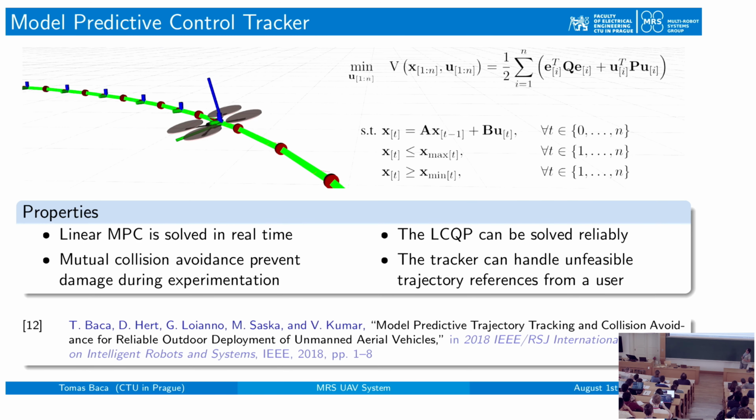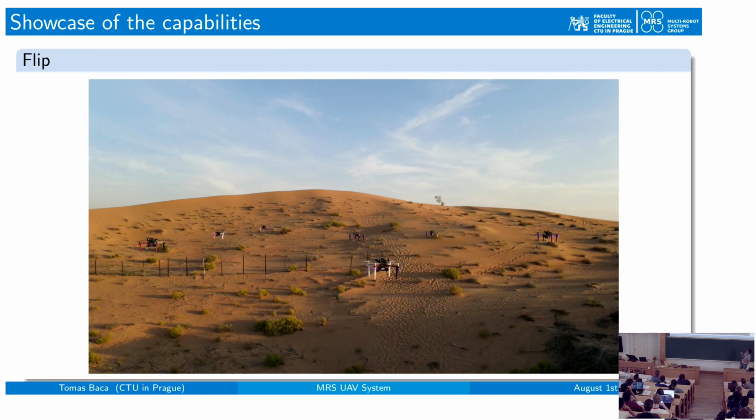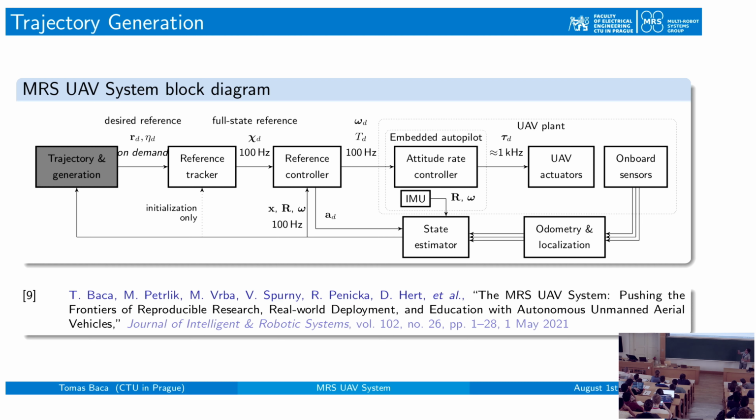So the last and important part of the system right now, I'll skip the videos since they don't play, is the trajectory generation. That's the last member of our core control pipeline. We added it last year. This is responsible for generating smooth and feasible trajectories out of a series of waypoints.